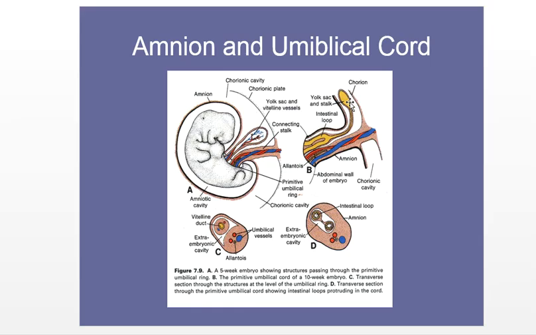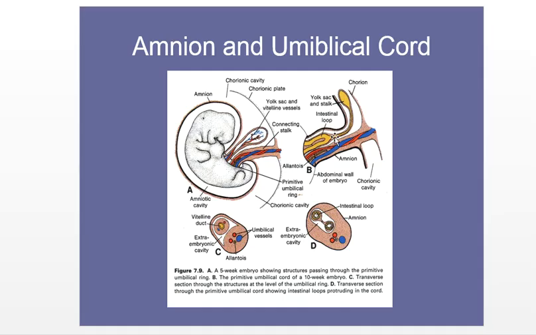It's a temporary event, and after 4 to 5 weeks, the intestinal loop comes back to the abdomen, and when the physiological herniation is finished, the vitelline duct and yolk sac degenerate.